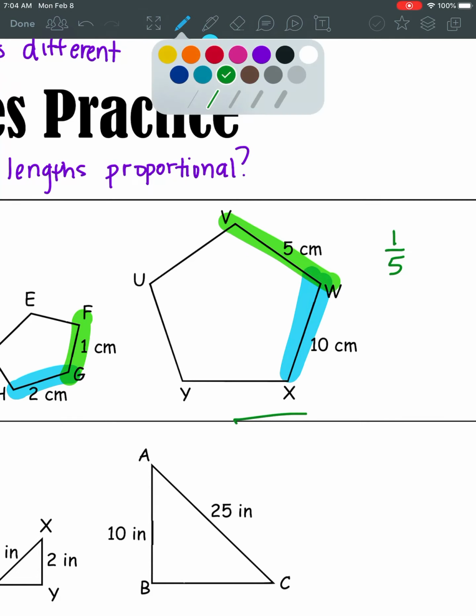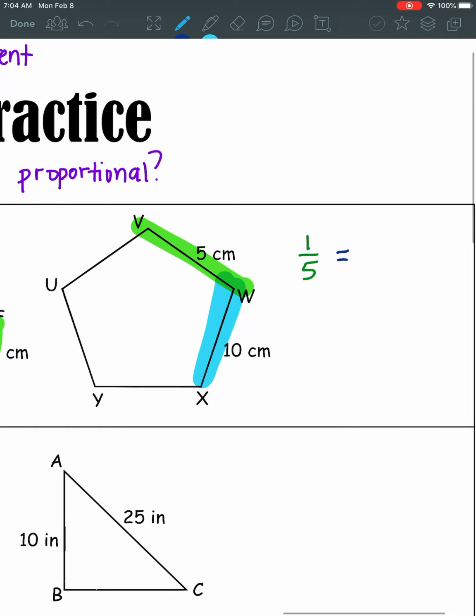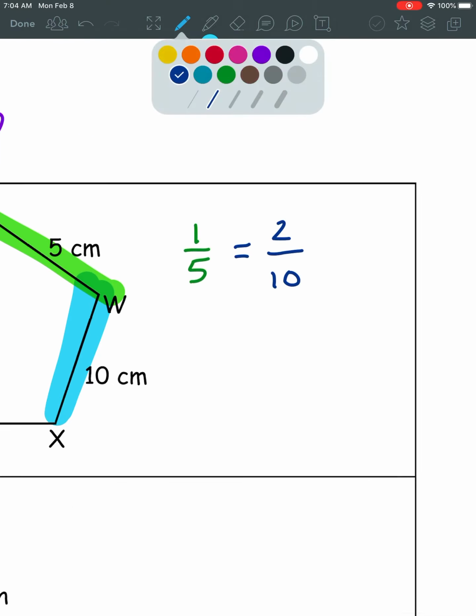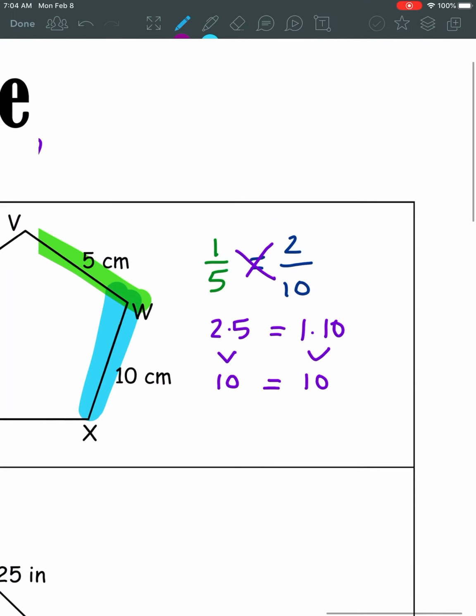Again, make sure that they are going in the same order. I put that first shape on top. This one goes on top, so it has to stay on top. 2 over 10 is its corresponding side length. So cross products, 2 times 5, 1 times 10. Again, it doesn't matter which one comes first, but 10 does equal 10.